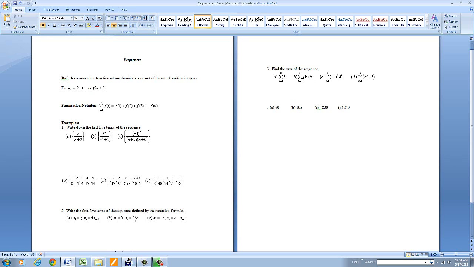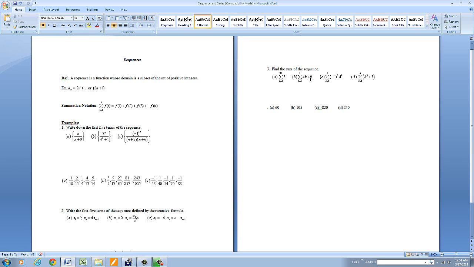Now, if you have a variable, like in this one there, then you're going to have to plug in 1 for that one. Put a 1 there. That's 4, plus 9 is 13. Then plug in a 2. That's 8 and 9, 17. Plug in a 3.